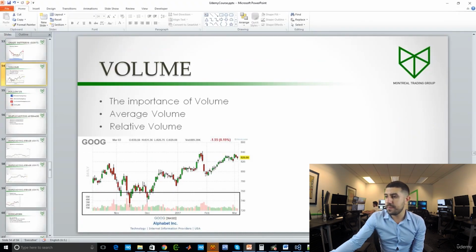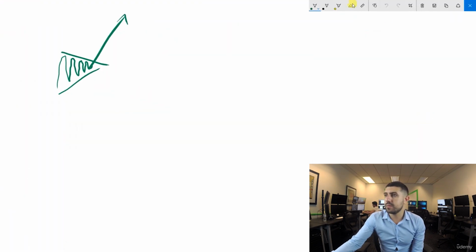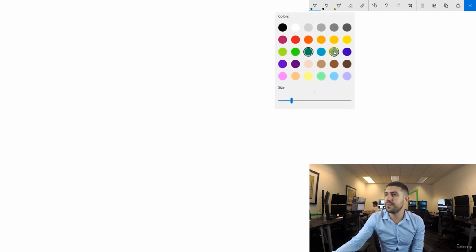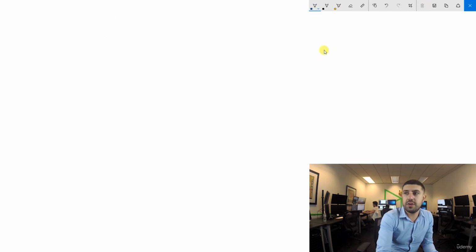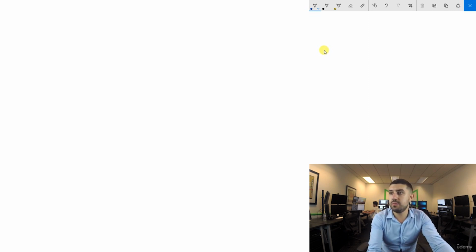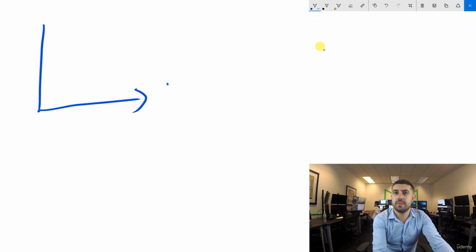So if you have a stock, let me take another color. If you have a stock here, let's say, sorry, give me a moment. So if you have a stock fluctuating, and then at one point, let's say this is $9, this is $10, and the volume is always, let's say, relatively low.